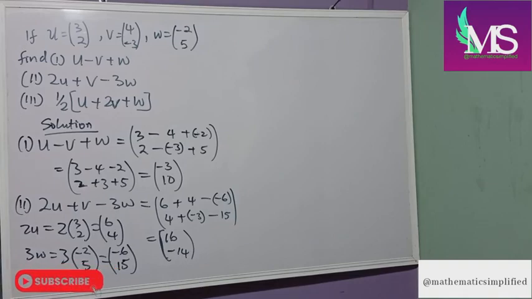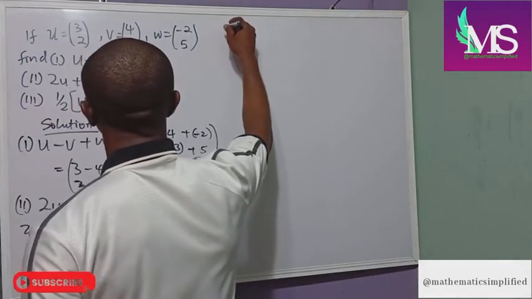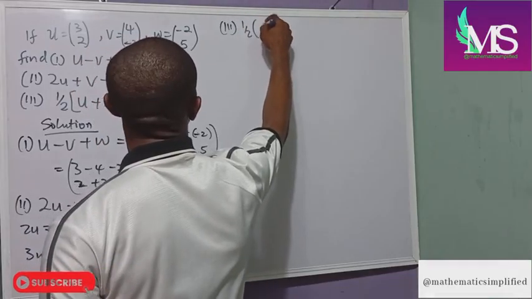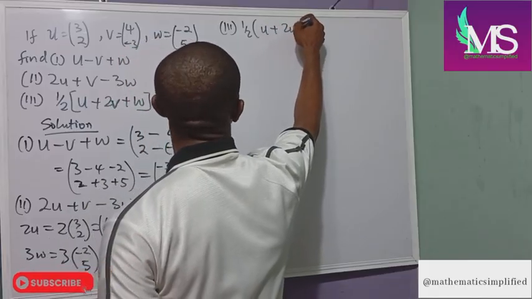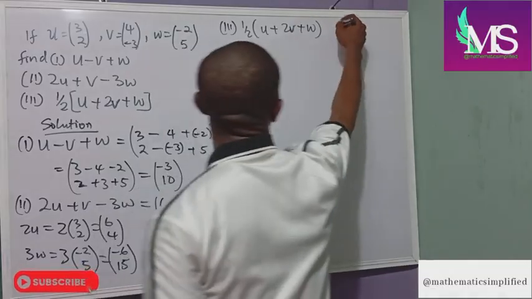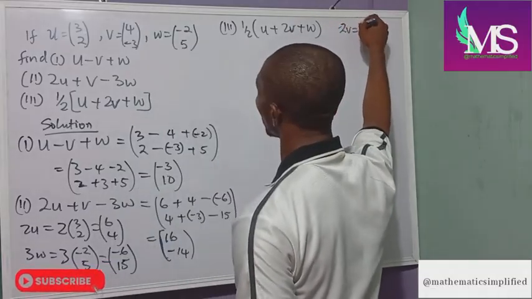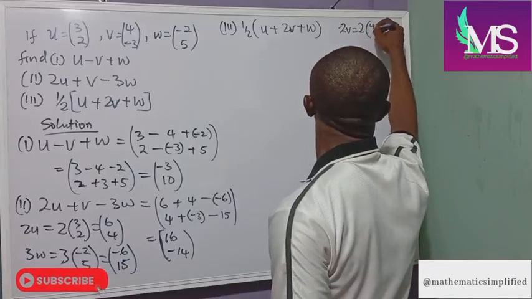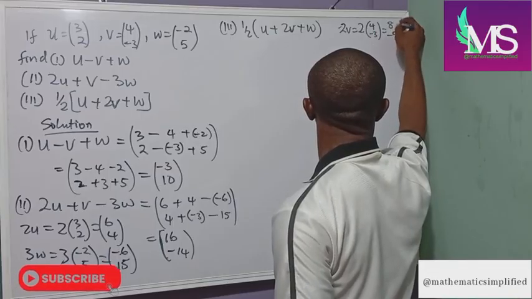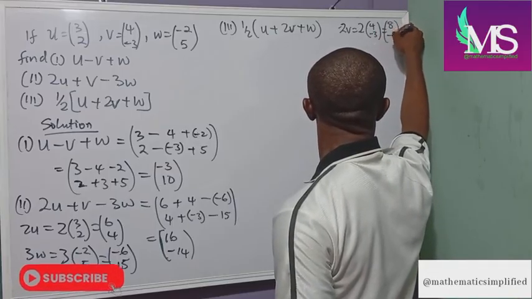Now the third part says if we have half u plus 2v plus w. Now our 2v equals 2 bracket 4 and minus 3, which will give us 8 and minus 9 for our 2v.